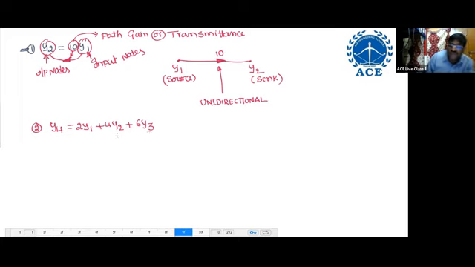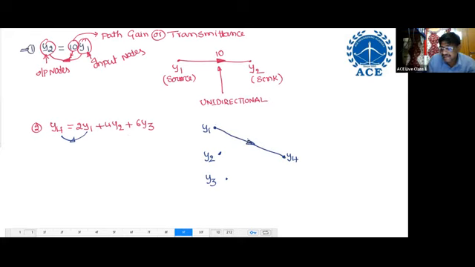How many input nodes? 3 input nodes. What are they? Y1, Y2, Y3. So Y1 is the input node, Y2 is the input node, and Y3 is the input node. What is the output node? Y4. The branch starts at Y1, ends at Y4.